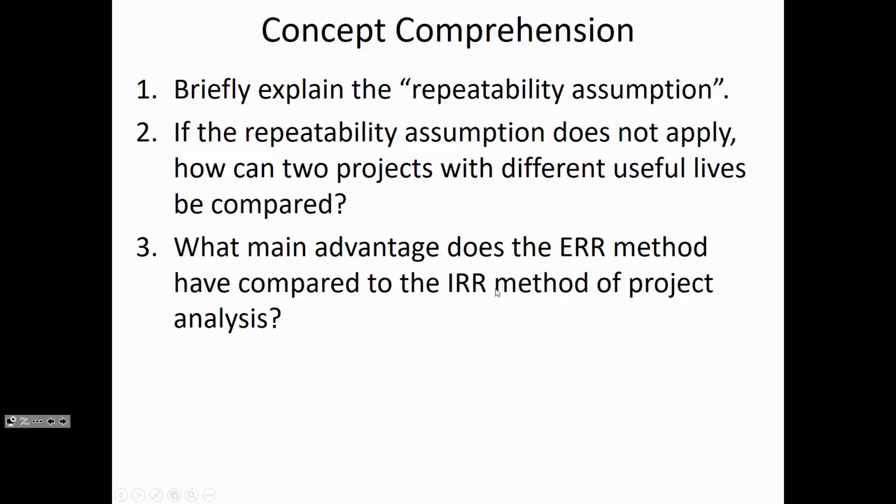You can know what's the best project by doing present worth analysis, and sometimes, coincidentally, the project with the best internal rate of return is the best project, but the external rate of return, you can sort of rank alternatives on that basis in a way that isn't available to you when you're doing internal rate of return.